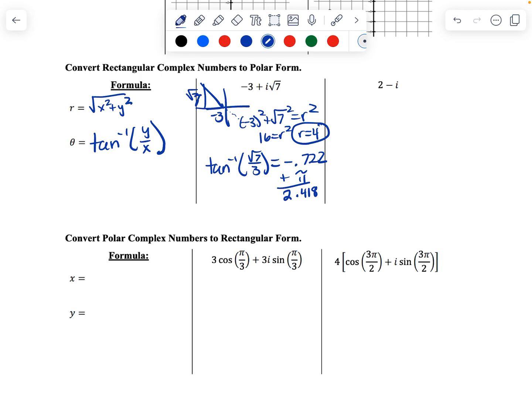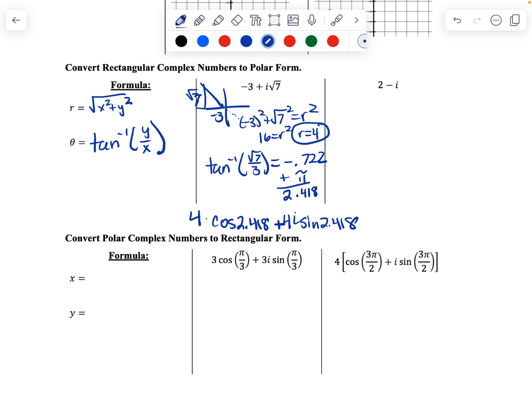So it would be 4 times the cosine of 2.418 plus 4i times the sine of 2.418, okay?